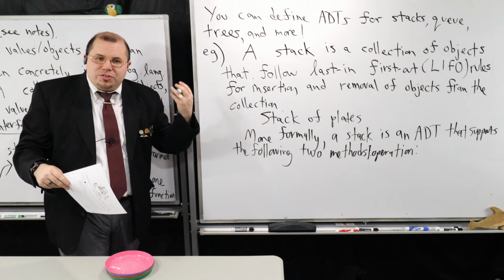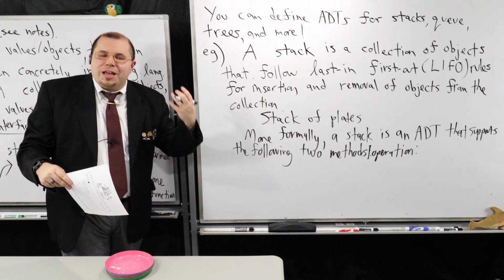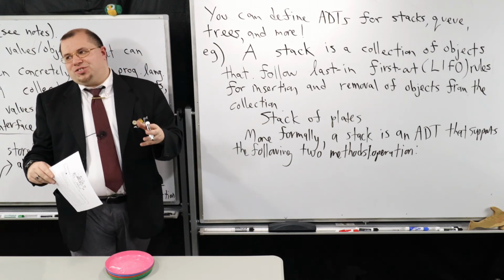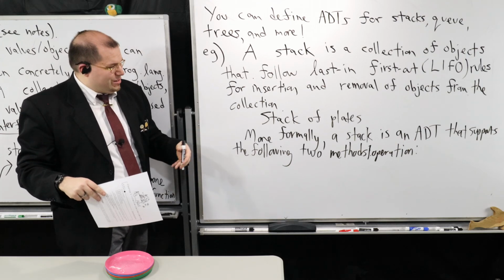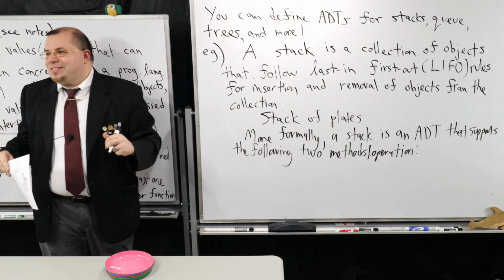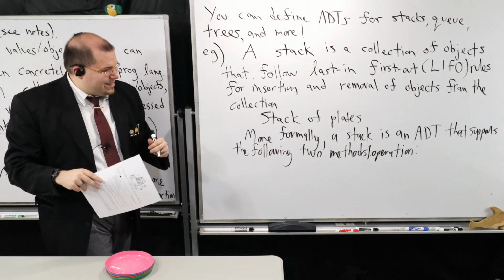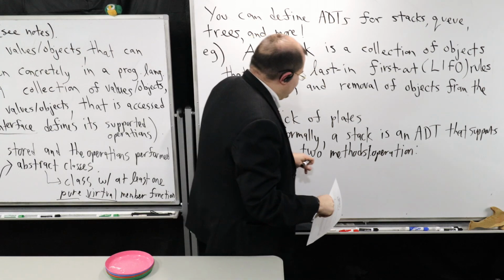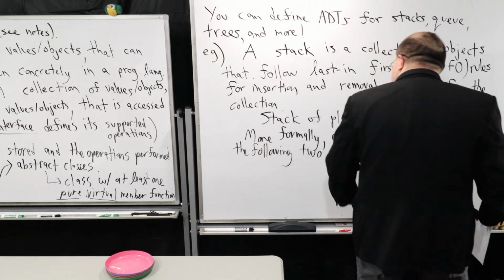So if you ever see me using the word method, it's an abbreviation for member function. It's sort of scoffed at if you're working in C++ to call member functions methods, but just to be clear, that's what I mean when I say method. So whenever you see method, just assume I'm saying member function.